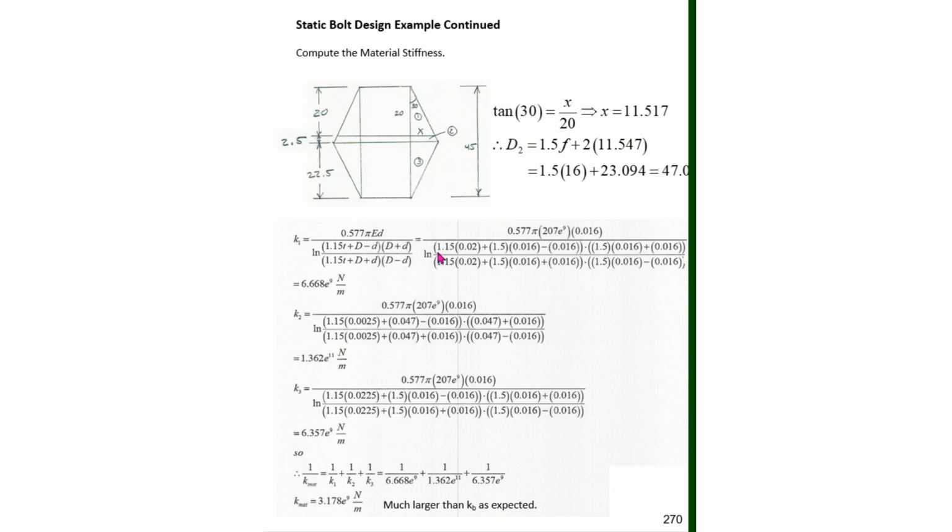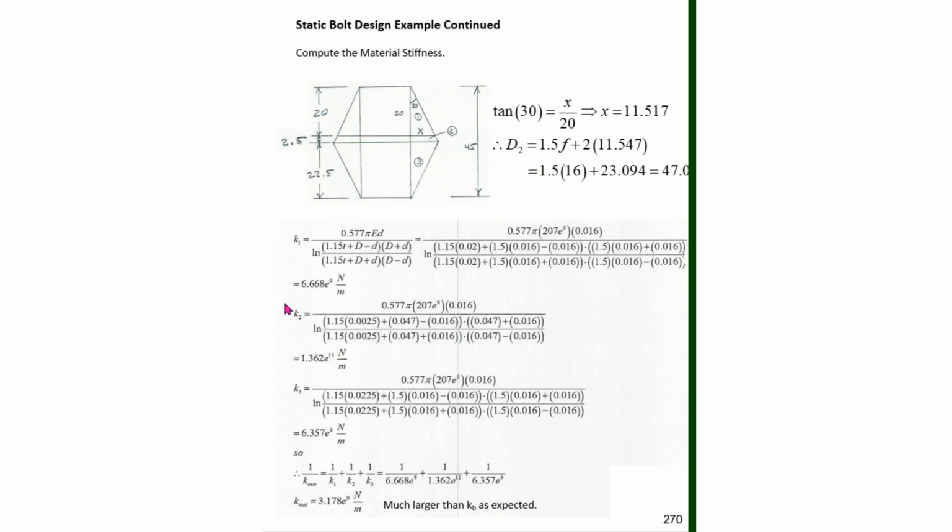Then I have the ln of 1.15 times t, and the thickness of this cone here, the first cone, is 20 millimeters, so 0.02, plus big D, and big D for the first cone is 1.5 times little d, which is 0.016. And then I have minus little d and the rest of the terms, and I can compute that to be 6.6 e to the 9th.